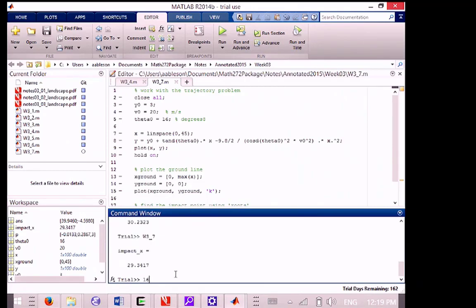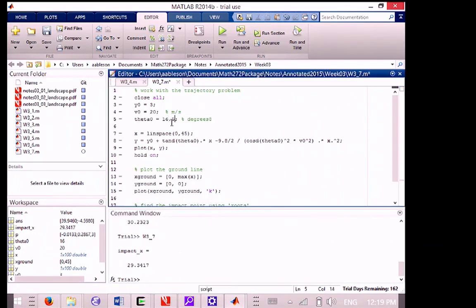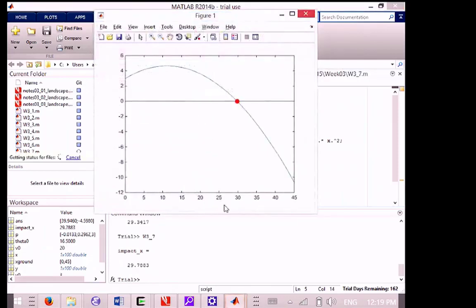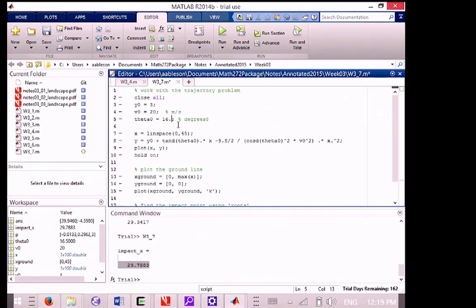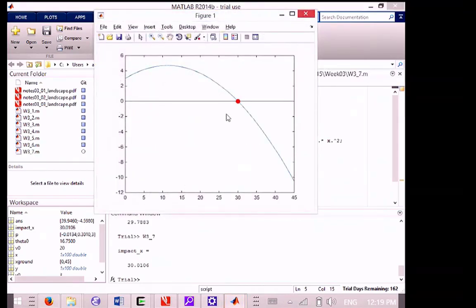So in the absence of any other information whatsoever, halfway between two numbers that bracket it is a reasonable guess. And that gets us closer. But we're still a little bit on the low side, so we want a little bit of a higher angle. So maybe we went to 16.75. Split the difference again. And now we're down to landing within 1 centimeter of 30 meters.